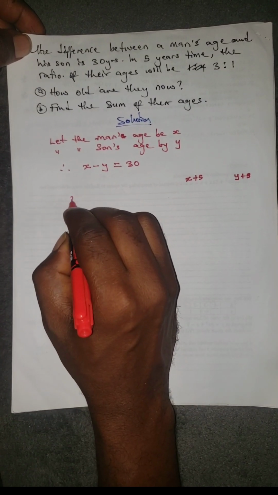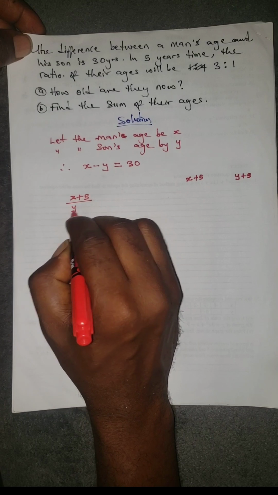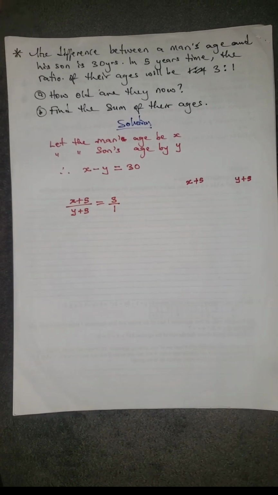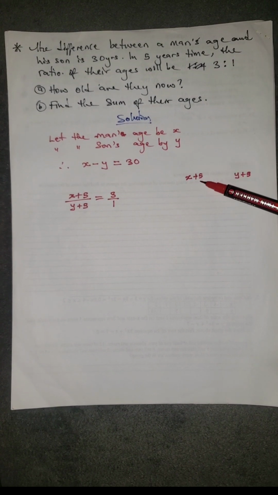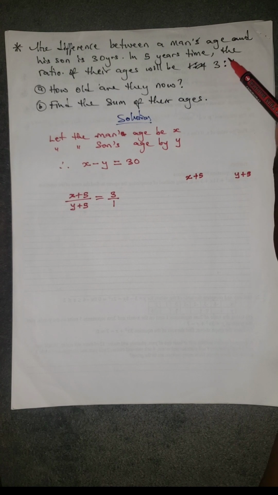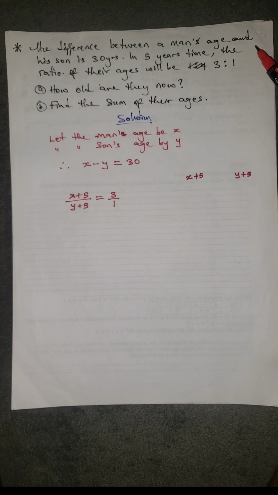It simply means that x plus 5 over y plus 5 will give us 3 over 1, because 3:1 is the same thing as 3/1 in fraction.